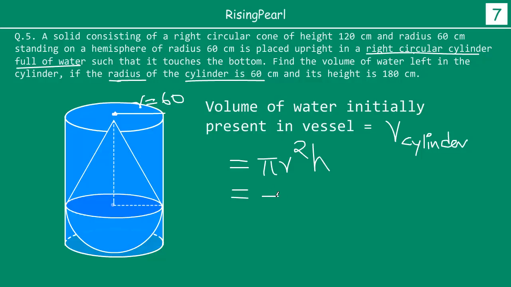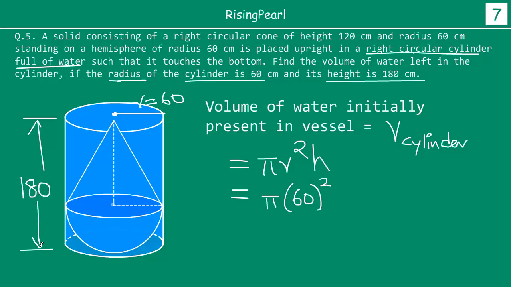So we will say pi 60 square, and the height is 180. So this is the height. This height is 180. So pi 60 square times 180.